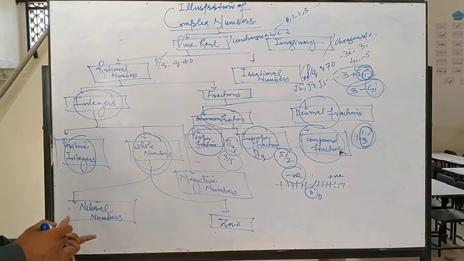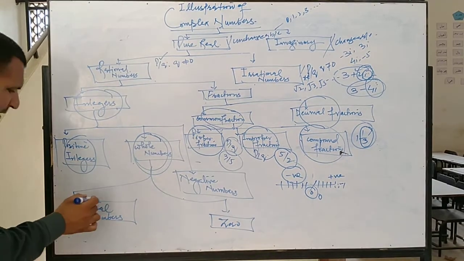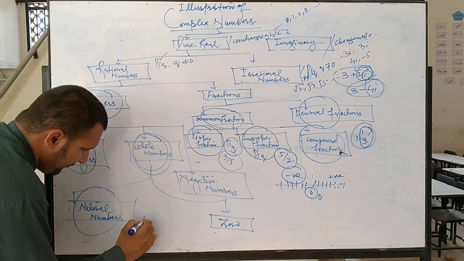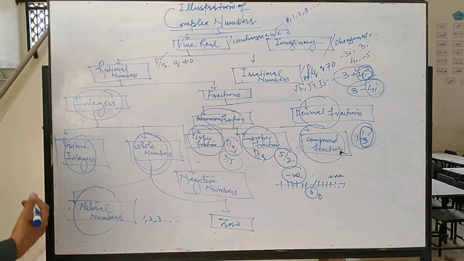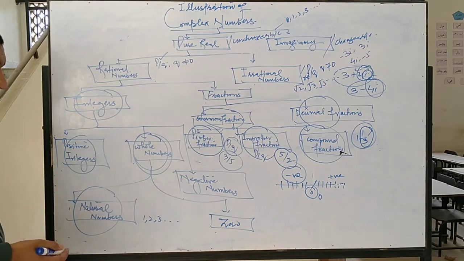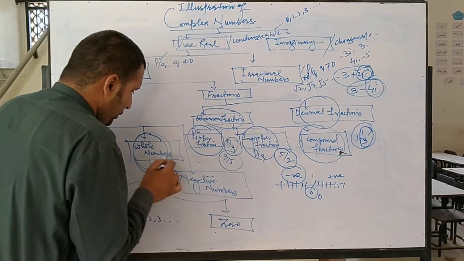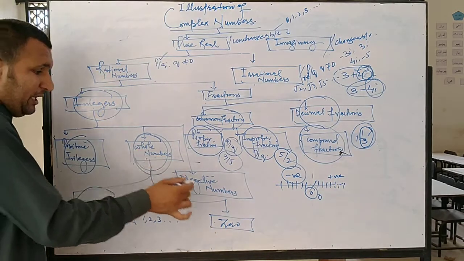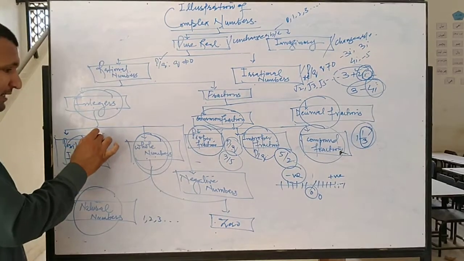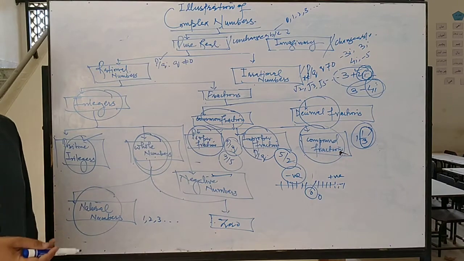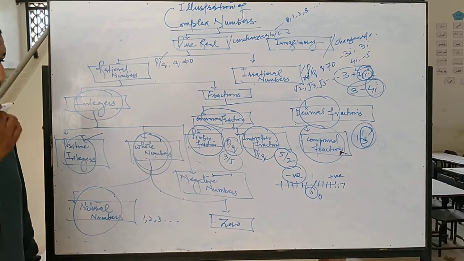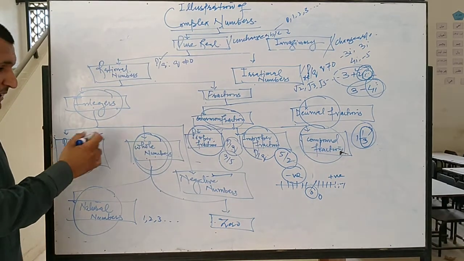Whole number is converted into the natural, and natural number starts from 1, 2, 3 and so on. And second is 0, which belongs to the whole number. 0 shows whole number, 0 is not positive, 0 is not negative. 0 is only a neutral value, even, and it shows the positive and negative.